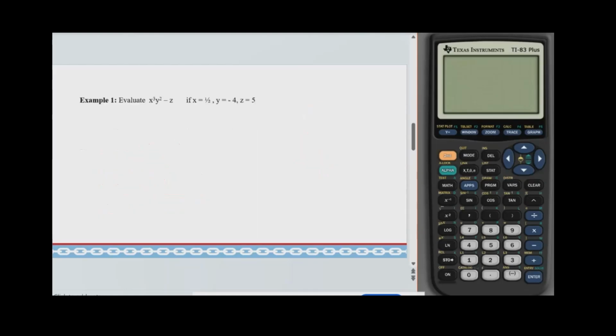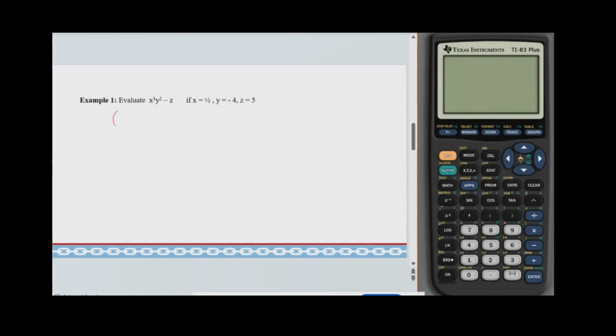So if you are given a problem like this, you are told to evaluate. That means you work it down as far as you can. In this case, we are going to be able to work it all the way down into a final answer. So we're going to start by doing a lot of substitution. I use a lot of parentheses when I substitute things in.